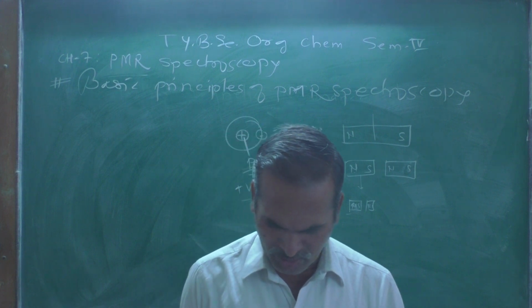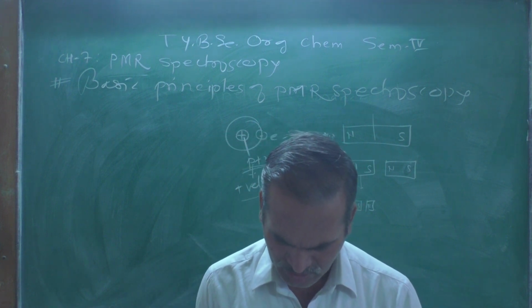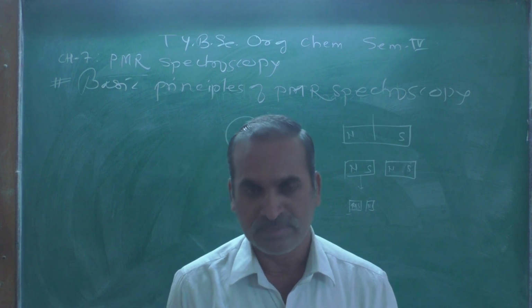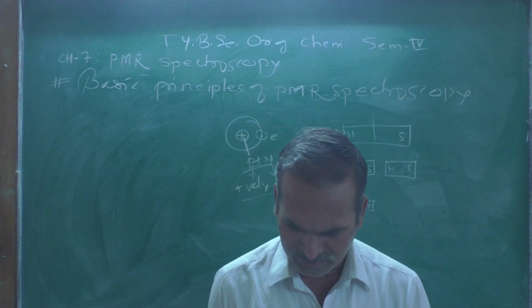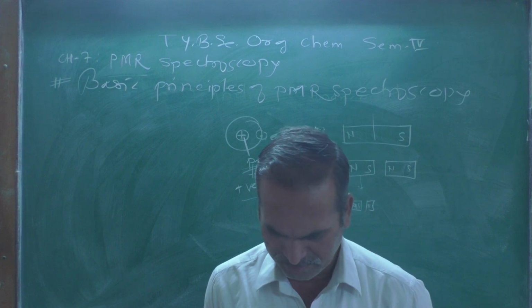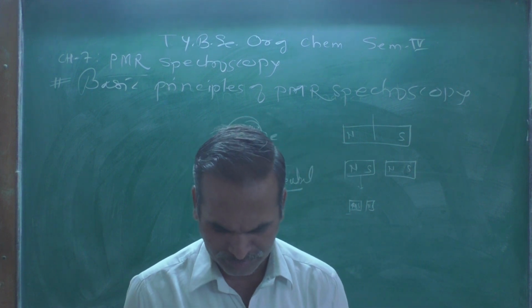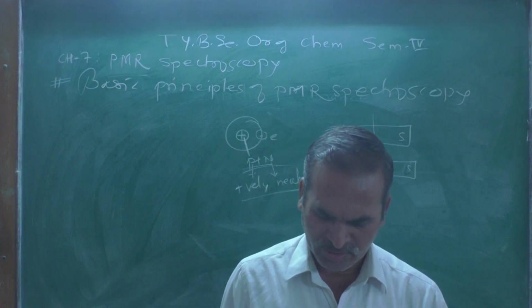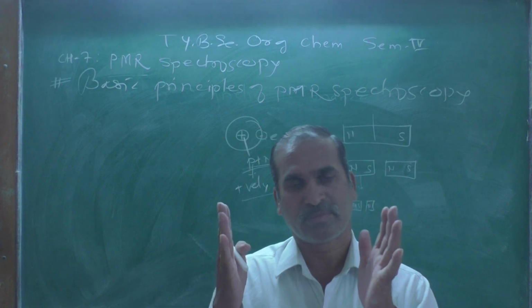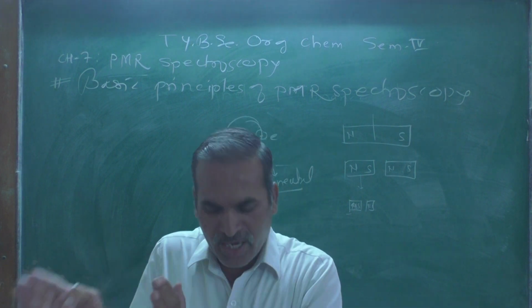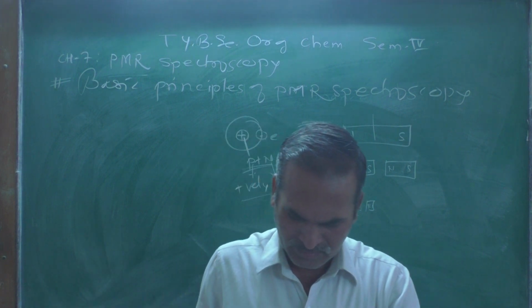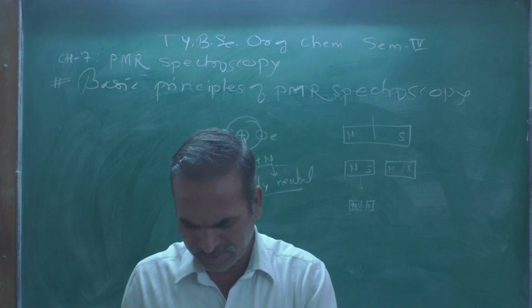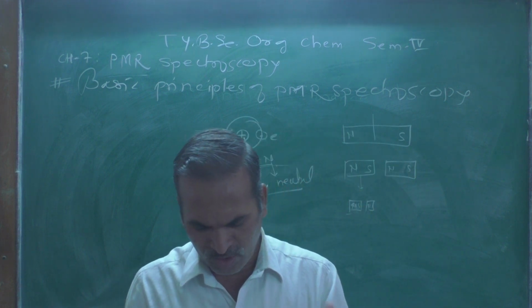Individual protons and neutrons have spin quantum numbers of plus 1/2 and minus 1/2, and therefore, depending on the number of nucleons (protons and neutrons), nuclei also possess a spin quantum number I.